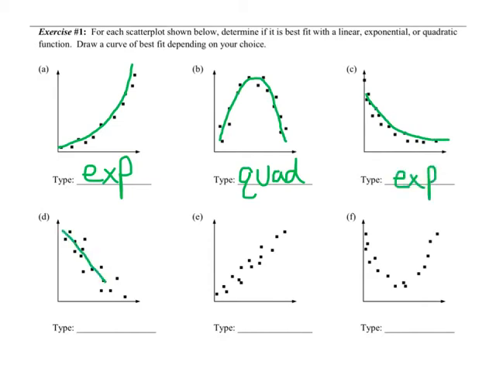D, linear. E, linear. And F, quadratic. Pretty easy, self-explanatory. We're going to move on now to talking about exponential regression formula.